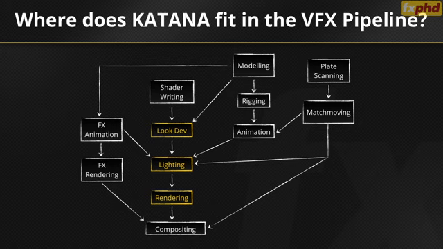Now potentially for most studios this modeling, rigging, animating would all be done inside of something like Maya. Okay, now a company outside of a kind of Katana pipeline may then continue in Maya to do their general look development, their lighting, and their rendering.